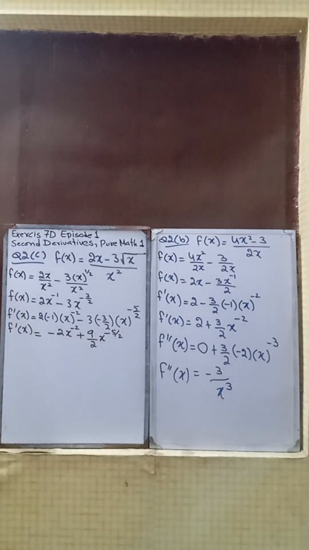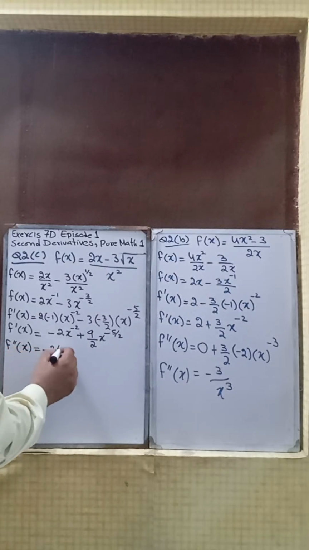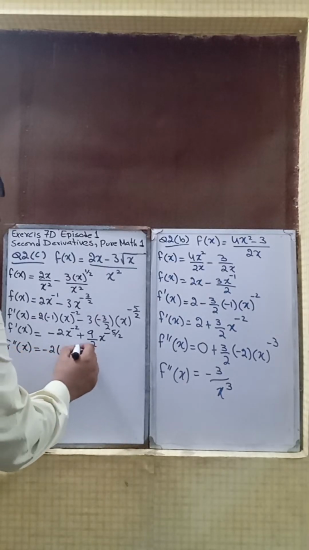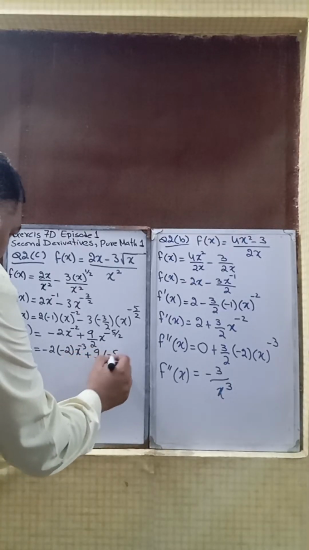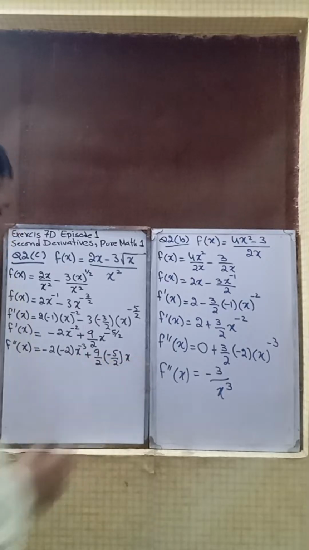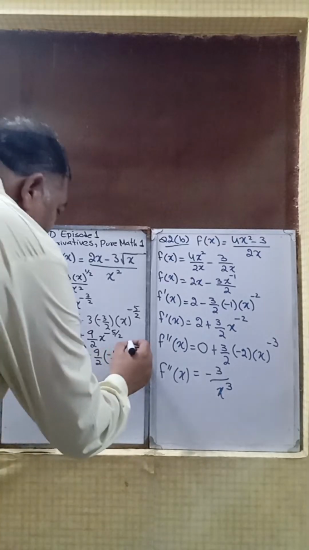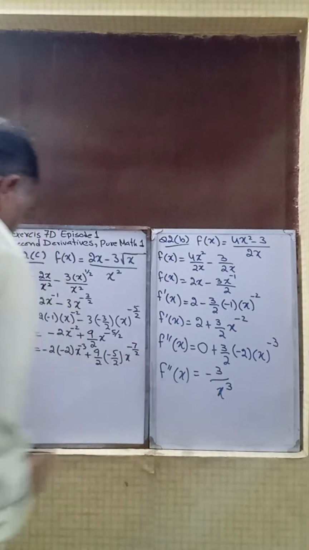Okay. Now I will again derivate this. I will find the second derivative. So this will become double derivative, and this is minus 2 into x raised to power minus 3 plus 9 by 2 into minus 5 by 2 into x. This will become minus 7 by 2. Okay.